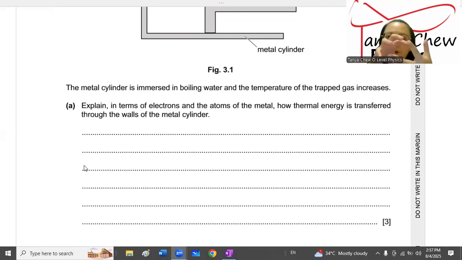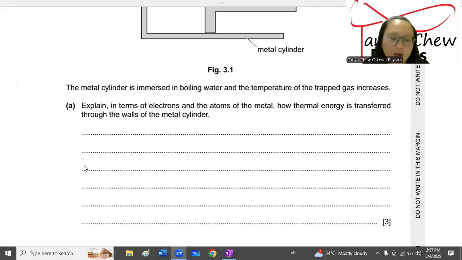So these free electrons will absorb the thermal energy and they gain more kinetic energy. So when they gain more kinetic energy, they can move faster, drift throughout the whole metal cylinder. And whereas the atoms, since they vibrate at higher displacement, the chances of them colliding with themselves and the free electrons will increase, right? So that is what is happening inside the metal.